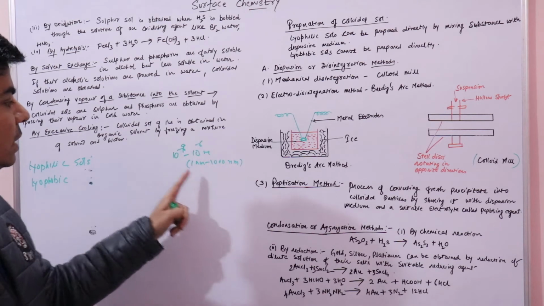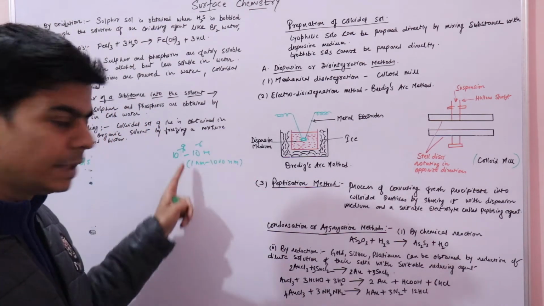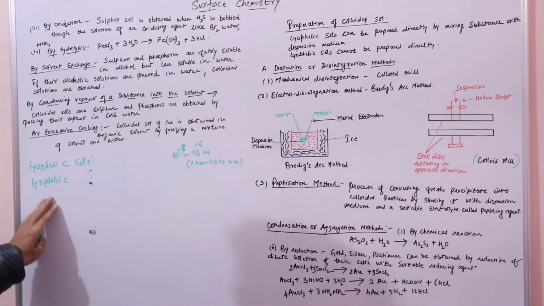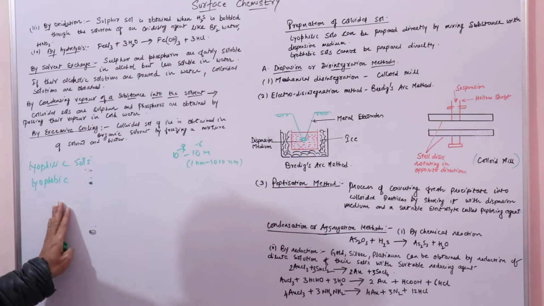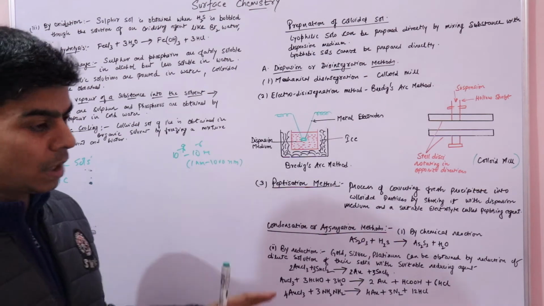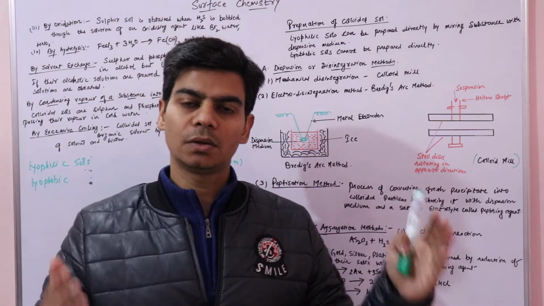Since the particle size in case of lyophilic sols falls in colloidal range, they directly form colloidal solutions. Whereas if we talk about lyophobic colloidal solutions, the particles of these substances do not fall in the colloidal range.